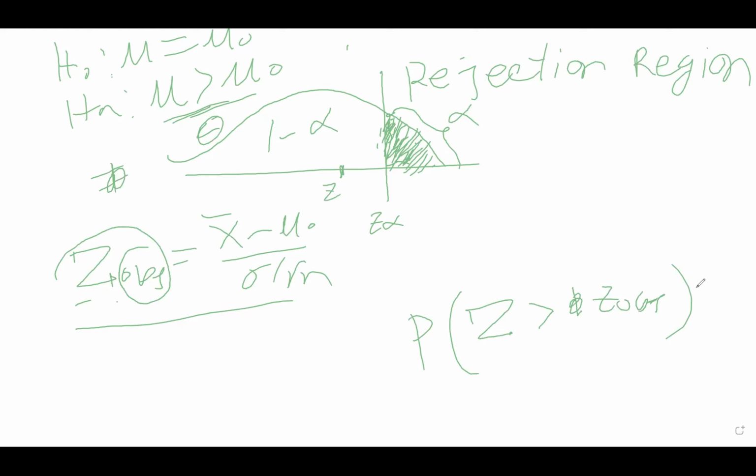Is it greater than alpha or less than alpha? If you calculate the probability Z greater than, that means the area on the right side of Z observed. So this area is alpha. If Z observed is somewhere here, what will be the probability for this one? Is it greater than alpha or less than alpha?